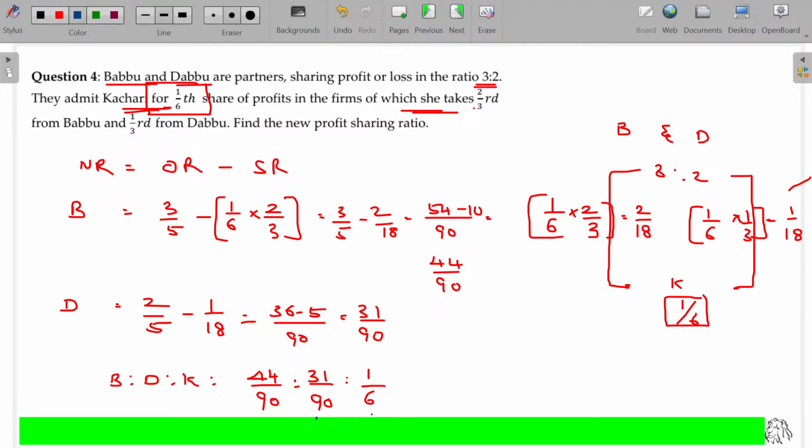As it is 90, to make the 6 into 90, you have to multiply by 15. If you multiply the denominator by 15, do the same with the numerator also. So this value being 15/90. Now the denominators are the same. If the denominator is the same, you can write only the numerator. 44:31:15 is the new ratio. Is that clear?